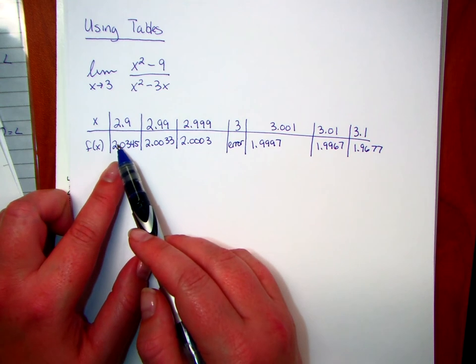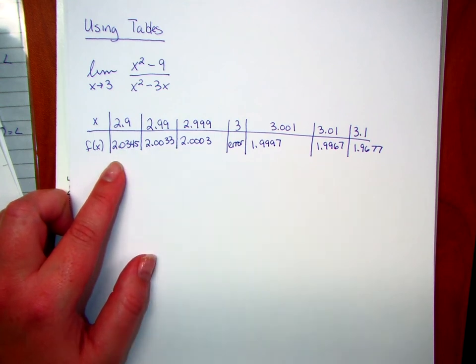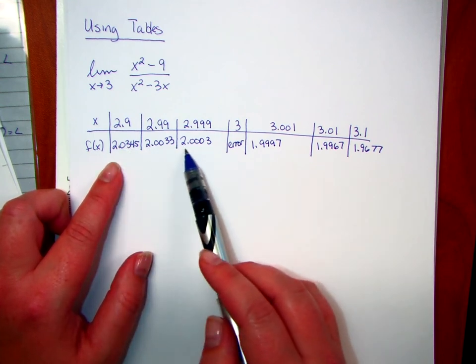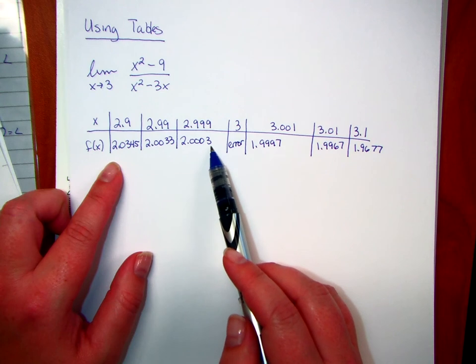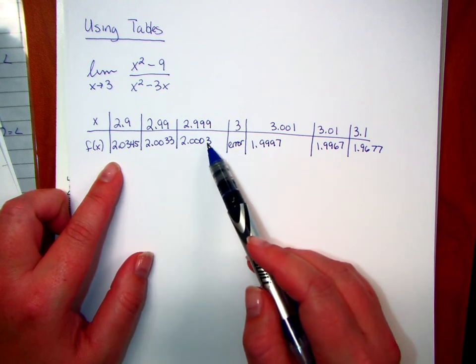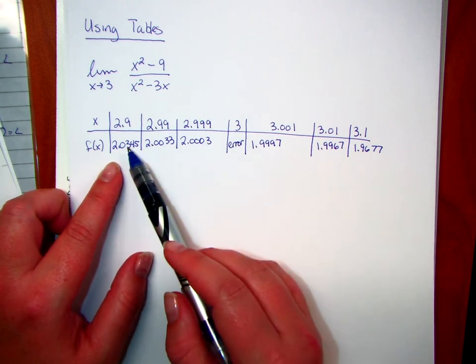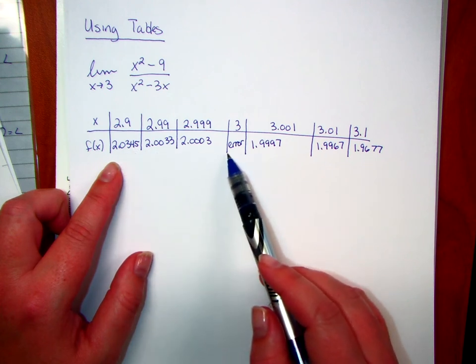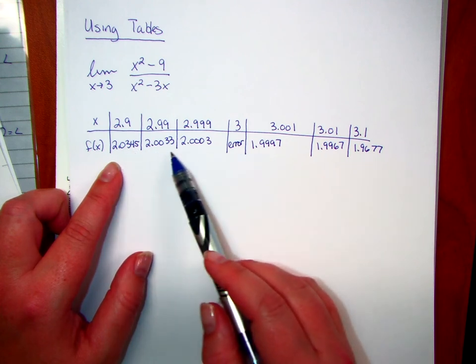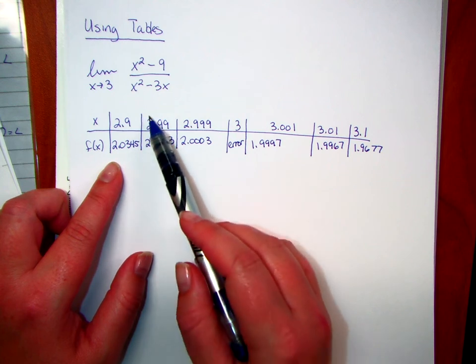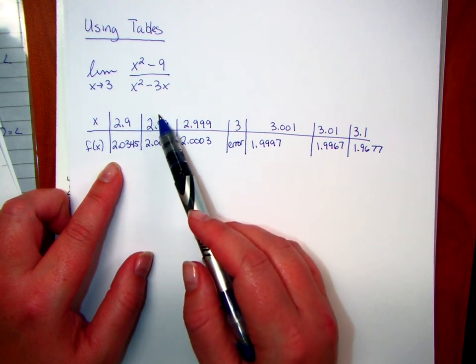So when we picked values less than 3, we got 2.03, 2.003, 2.0003, and I'll wager that if we were to add 9s, we'd still just keep adding zeros here. So it looks like these function values are decreasing to 2, right? That would be a reasonable guess, that the function values started greater than 2, but they're heading down to 2, right?